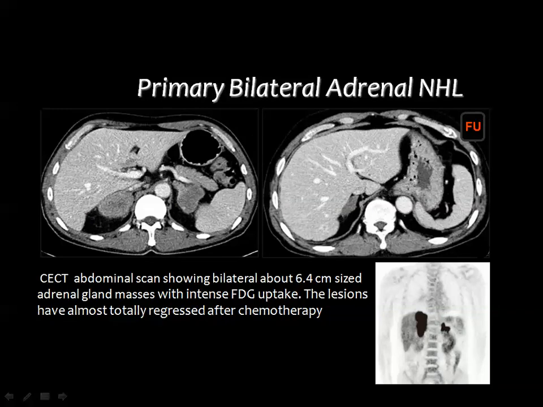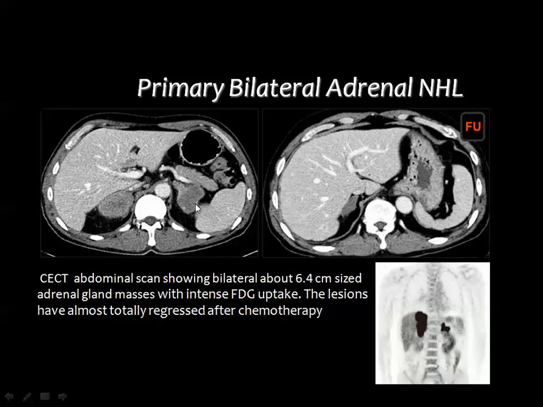This is bilateral involvement of the adrenal glands by soft tissue masses, and of course, PET scan is not so much helpful in assessment of this disease, since most of the previously mentioned possibilities will show increased metabolic activity.